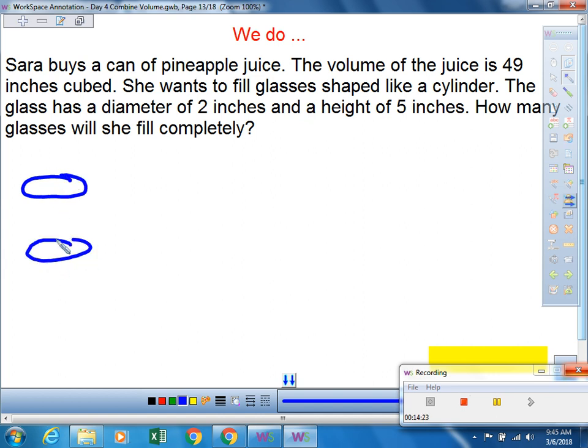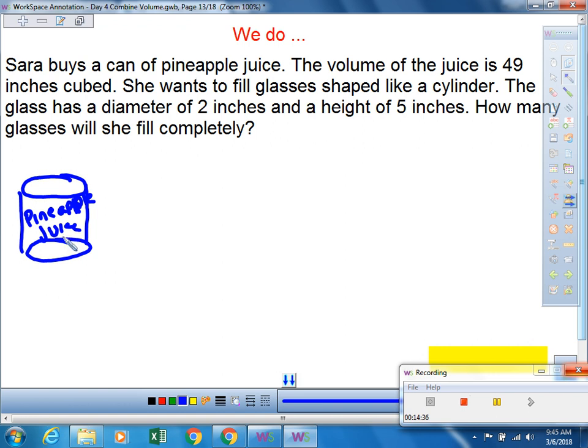It can be any shape. I'm just making it a cylinder shape. But this is the pineapple juice. It doesn't have to be a cylinder. It can be a sphere. I doubt it, because it would roll off the shelf. It could be a rectangular prism. It could be a cube, right?